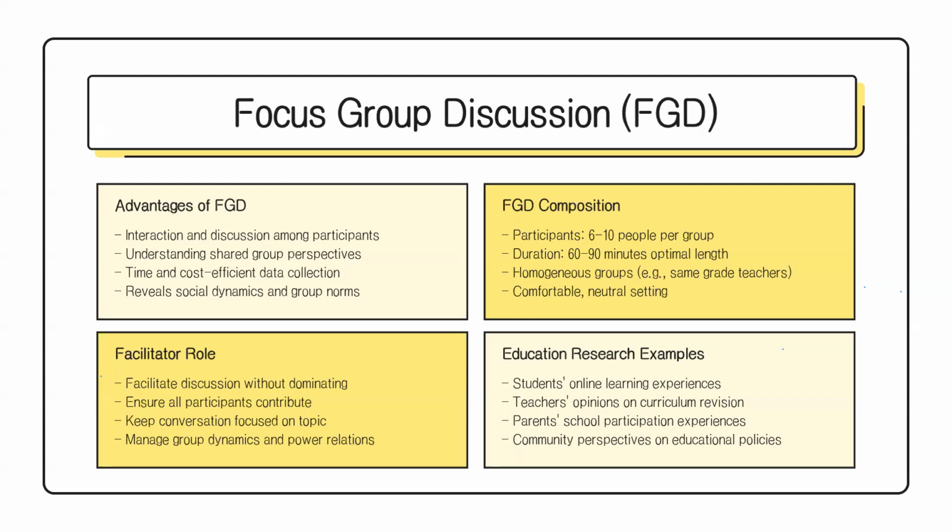Use homogeneous groups. For example, all grade 7 teachers together, or all parents of multilingual students. This helps people feel comfortable sharing. Choose a comfortable, neutral setting where people feel safe to speak honestly.